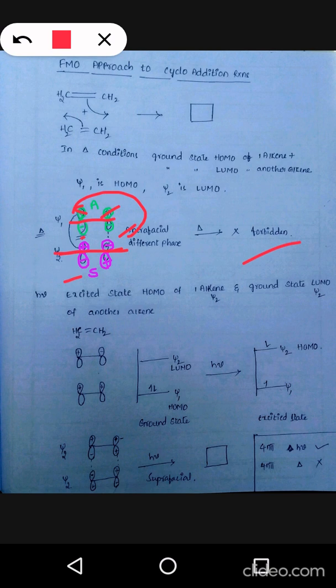So take the excited state molecular orbital of one alkene and take the ground state LUMO of another alkene. So the excited state HOMO of the alkene is Psi2. Psi1 is the general HOMO and Psi2 is the excited state HOMO. And for another alkene, take the ground state LUMO. Ground state LUMO is Psi2.